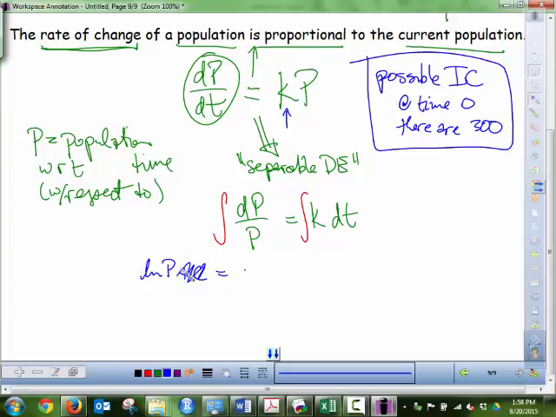So let's not worry about that plus c. Now, a constant with respect to t, what's the integral of that? kt plus c. So I'll just say that this c on the left-hand side merged with the c on the right-hand side, and keep all the c's on the right-hand side.